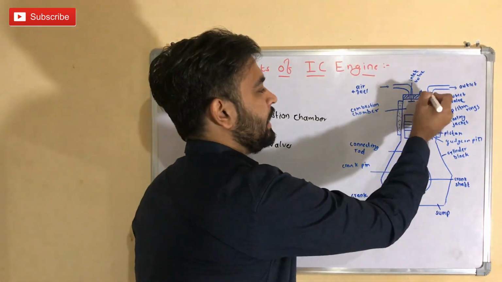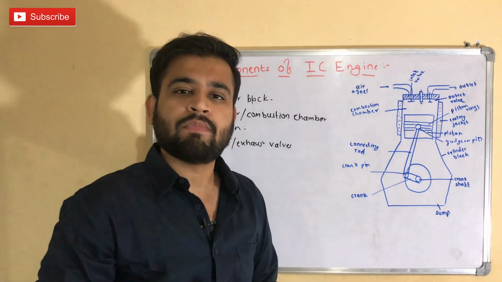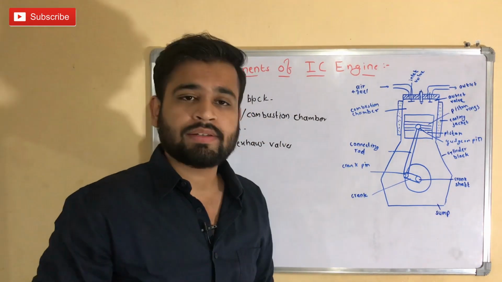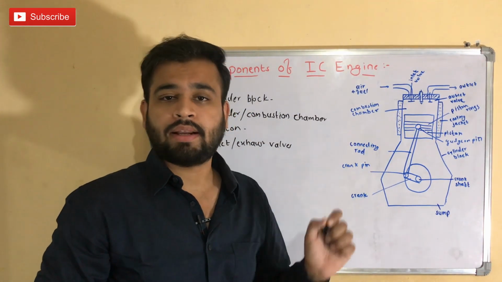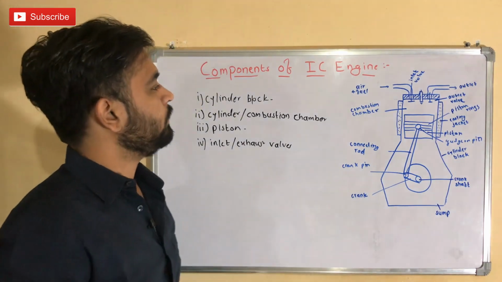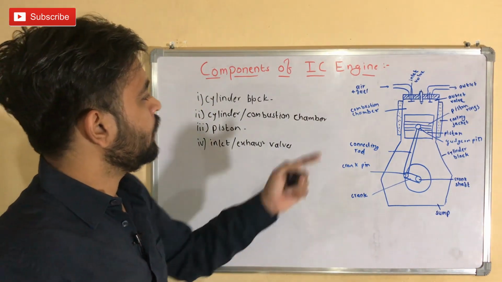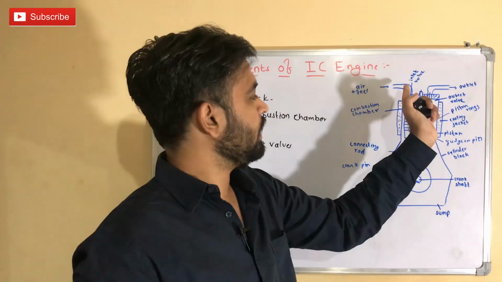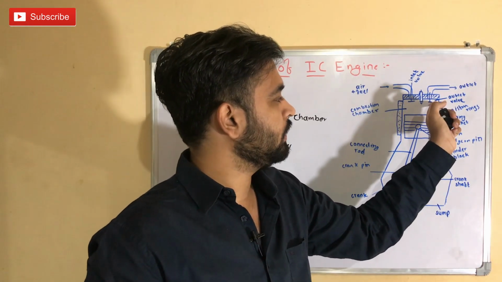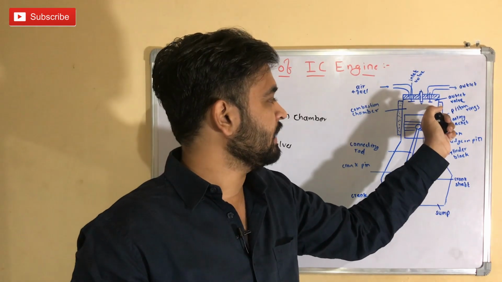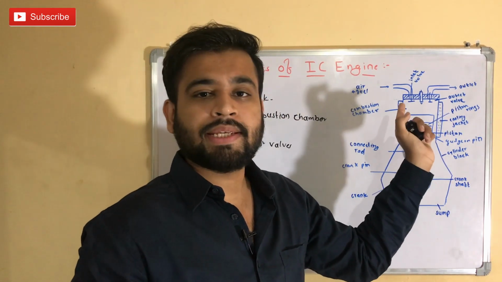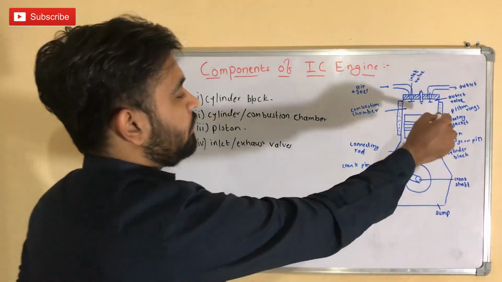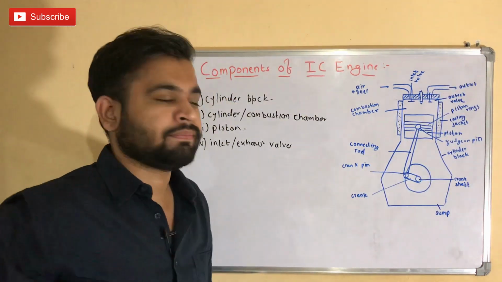The inlet and exhaust valves are mushroom-like moving components which are provided in the cylinder head. The main function of the inlet valve is to admit the air-fuel mixture into the combustion chamber, and the function of the exhaust valve, or outlet valve, is to expel the residual gases from the combustion chamber to the outside.